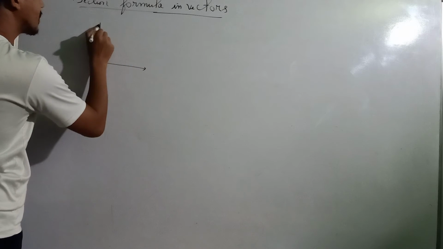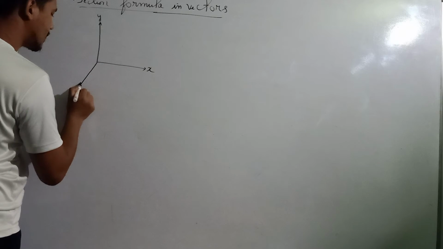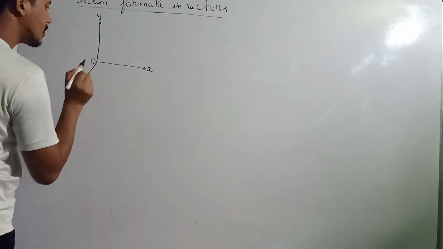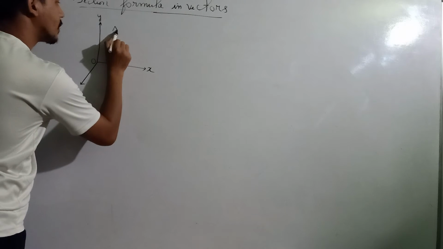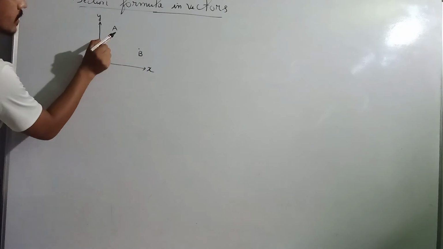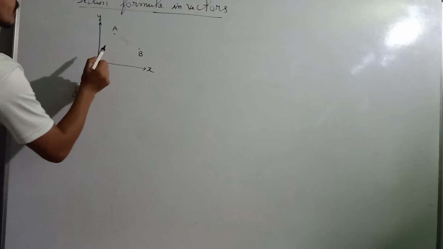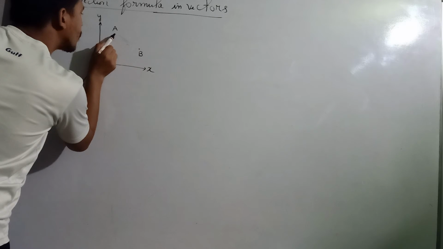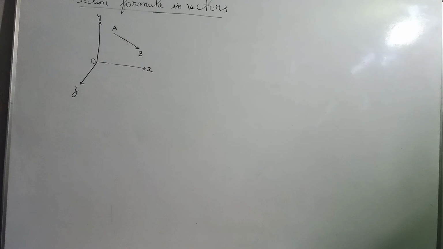So what is this again? Same old story. X-axis, y-axis, z-axis. So this is your 3D. Suppose this is your point A, this is your point B. This is another vector AB, directed from A to B, no?